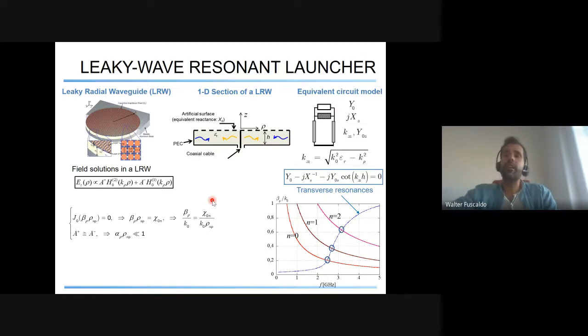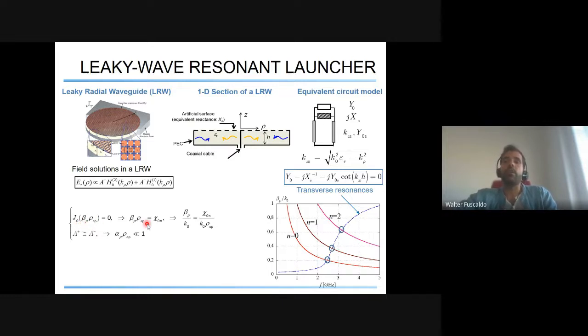On the other hand, since the structure is also resonant along the radial direction, because it is a cavity that is a few wavelengths long along the radial direction, we also have an equation for the radial resonances of the structure, which corresponds to finding the zeros of the zeroth order Bessel function.